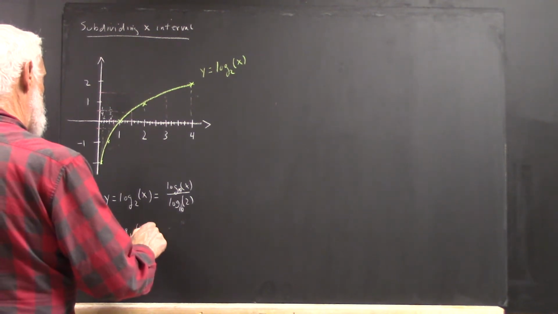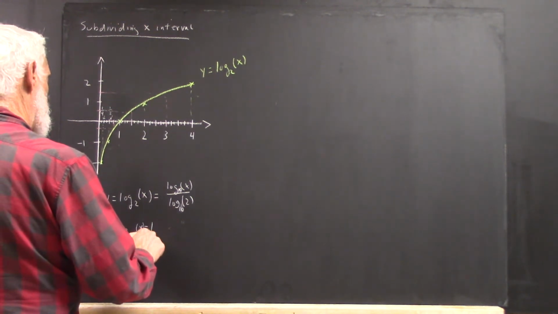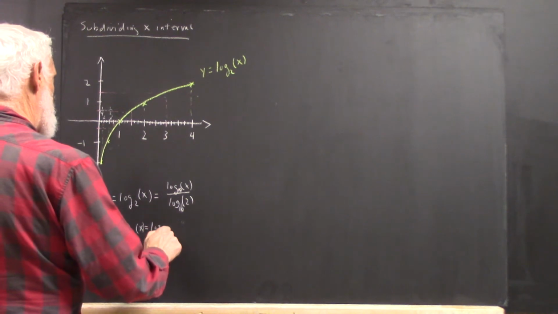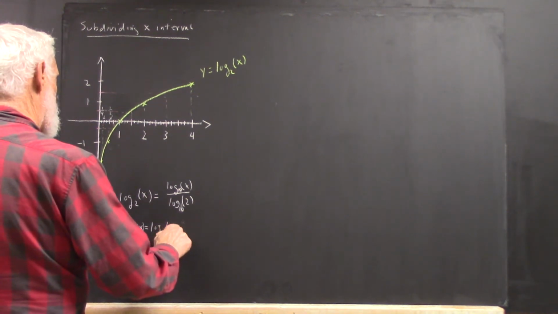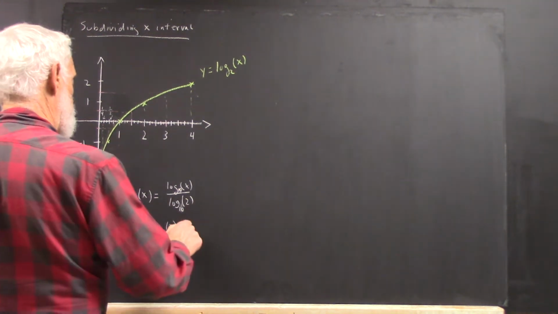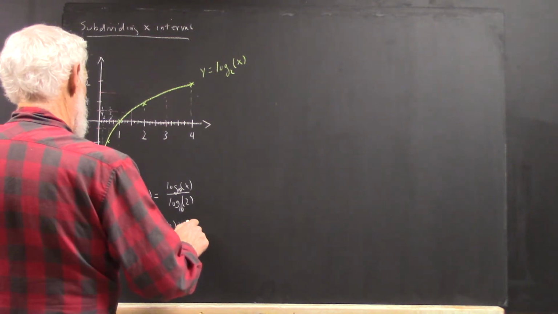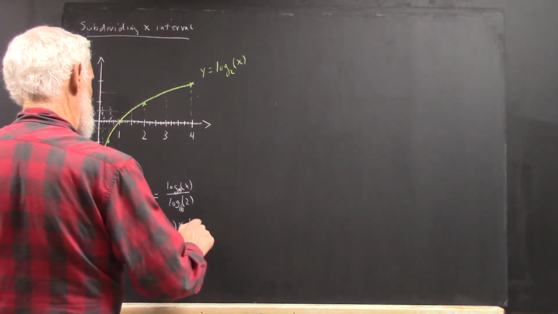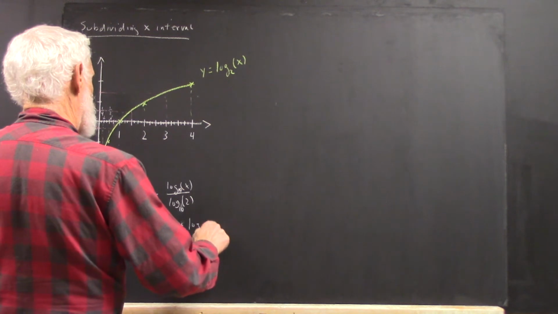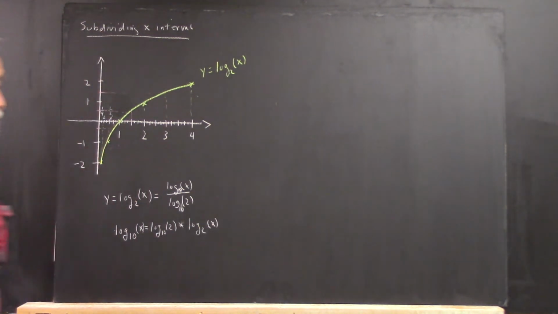log base 10 of x is log base 10 of 2 times log base 2 of x.